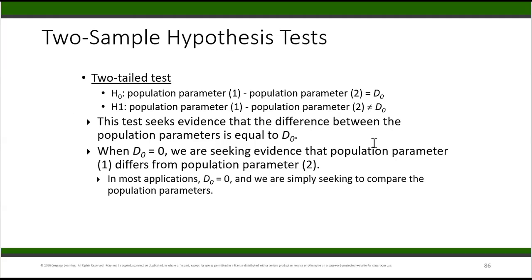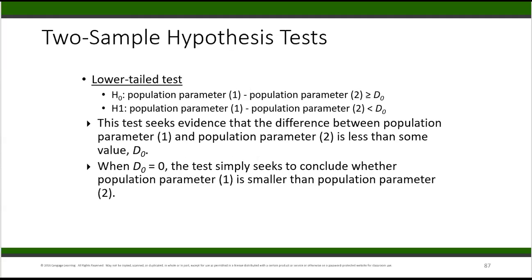In most cases, when you just want to compare these two values to see which one is bigger, you put 0, and you check to see if they're equal or not. If you put 0, you are basically testing to see if population parameter 1 is equal to population parameter 2, and the alternative would be if they're not equal, if they're different.